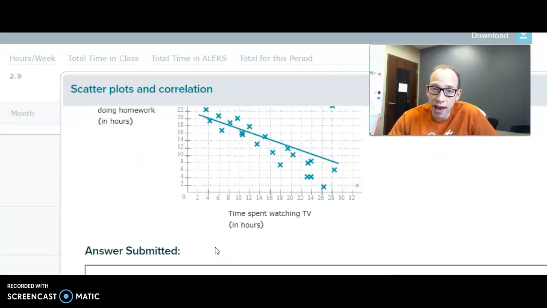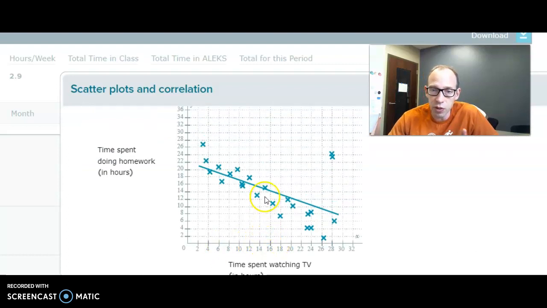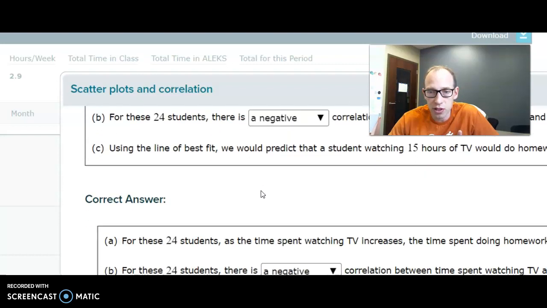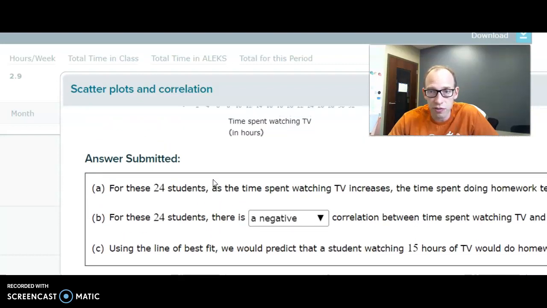So this is on average. If we have this 15, we don't care about the specific data point from our study. We care about the average, which is this line here. If you trace that back to the y-axis, you can see it's just a smidge below 15. So the true answer there should be a little under 15.